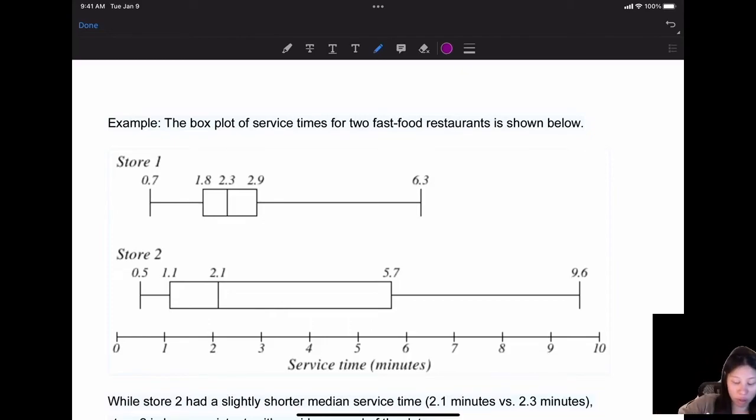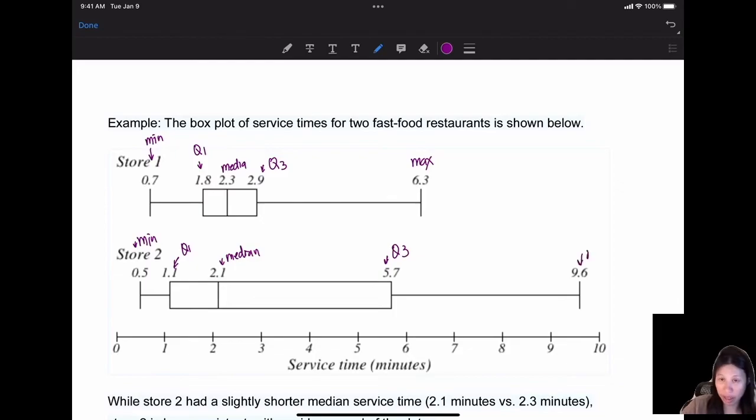Again, the first number in here would be the minimum, first quartile, median, third quartile, and the maximum. Store 2 is the same. The whisker on the left end is going to be your minimum. The left end of the box would be your first quartile, then median, third quartile, and the maximum.